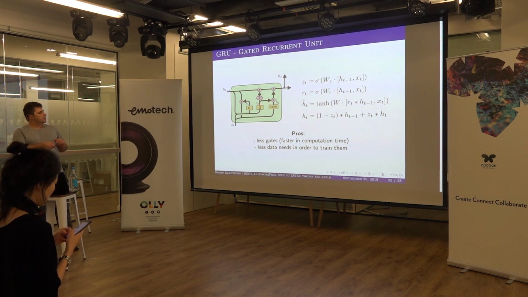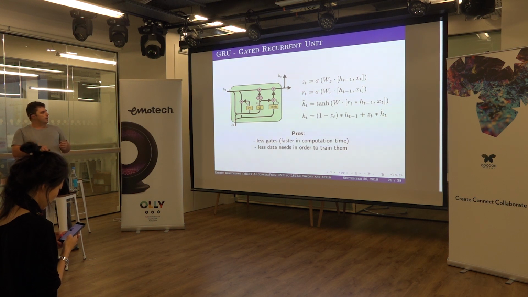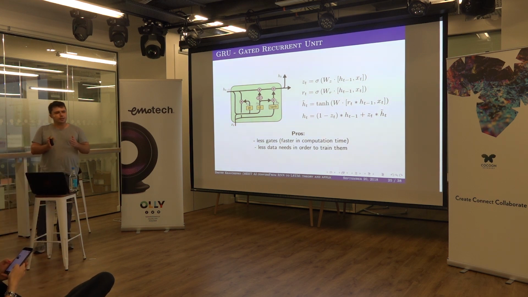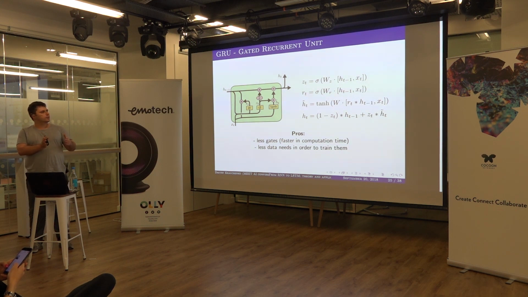So instead of having 4 gates like a regular LSTM, we have here 3 gates, and the fewer neural networks we have, the less data we need to train. So when we have a small data set, we better use GRU, and if we have a data set of big size, we better use LSTM.